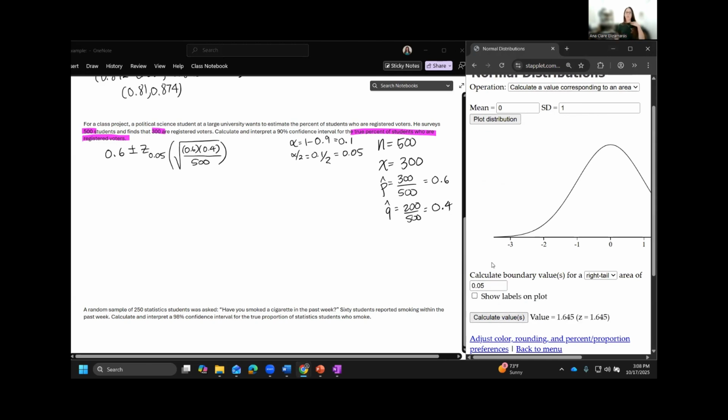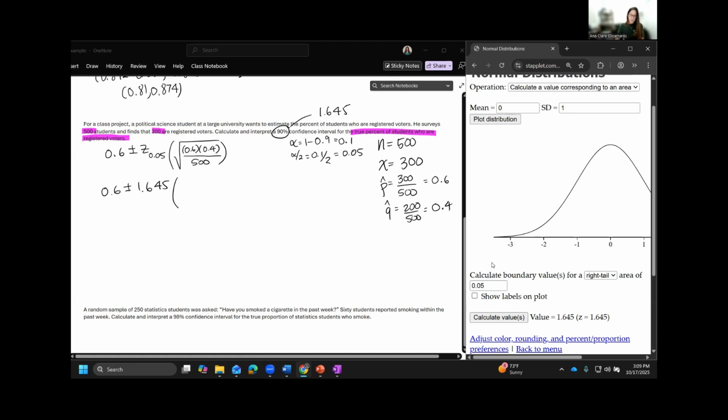That gives me a z critical value of 1.645. That number is always 1.645 whenever you're doing a z critical value for 90%. Then we perform the calculations.